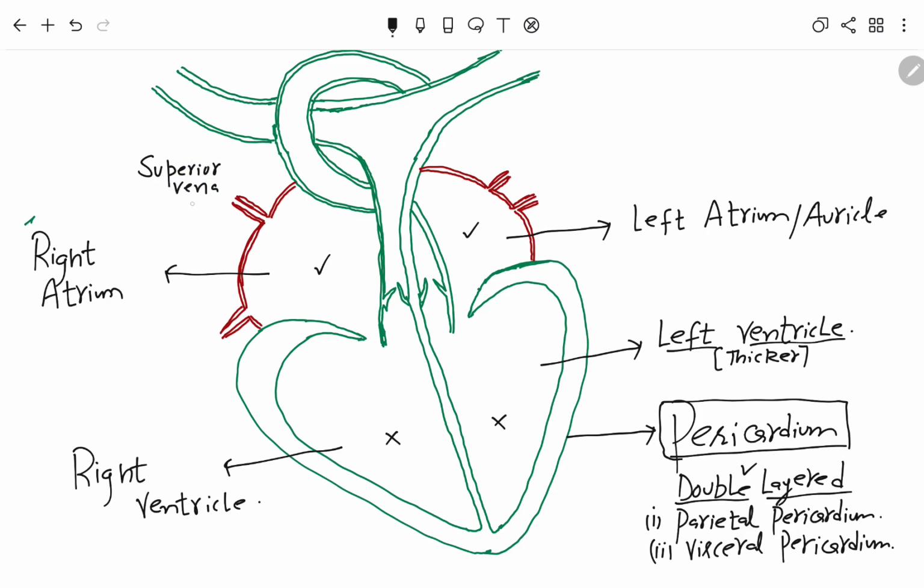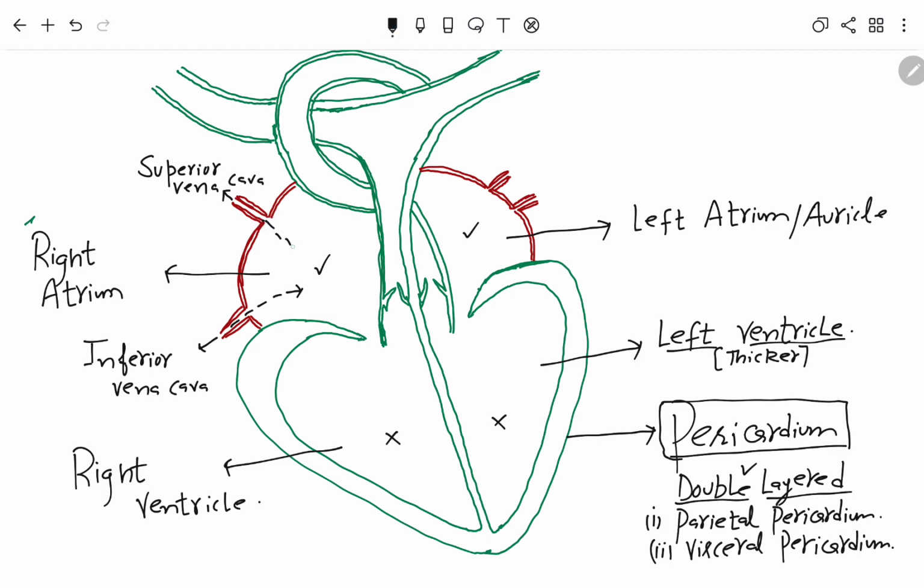One will bring the deoxygenated blood from the upper part of the body. That vein is called as superior vena cava. This is your superior vena cava. And this one will bring deoxygenated blood from the lower part of the body, so it is called as inferior vena cava. So both of these vena cavas will bring deoxygenated blood to the right upper chamber of the heart, which is called as right atrium.